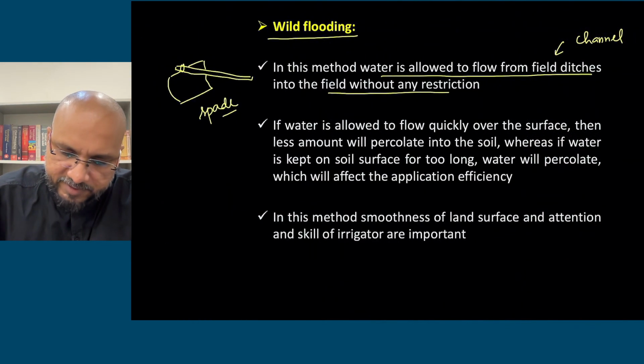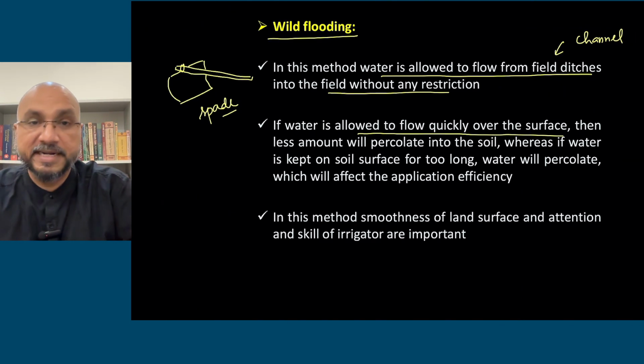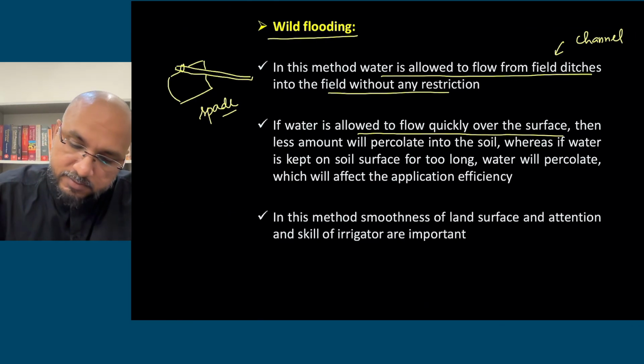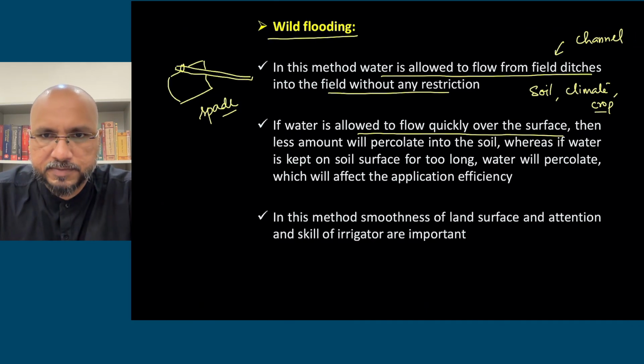So if the water is allowed to flow very quickly over the surface, again we are going a bit deeper. So soil, climate, the type of crop, all of these factors are very important. Soil भी determine करता है तुम कौन सा method of irrigation use कर रहे हो.